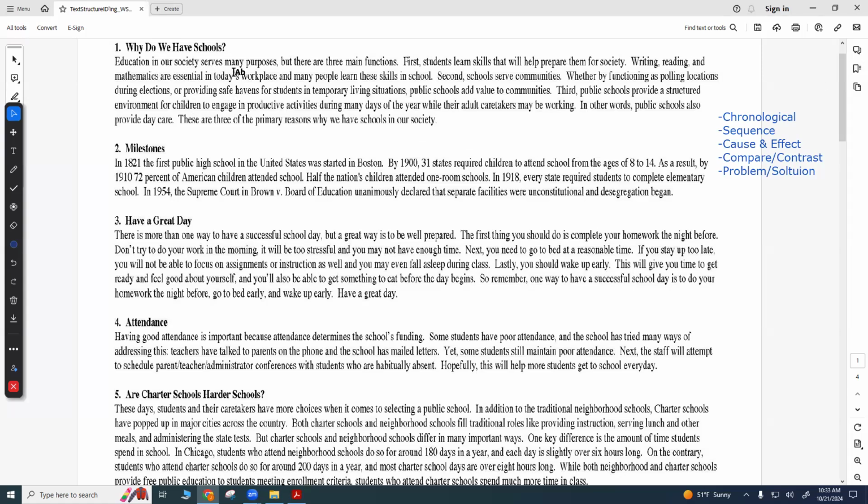Education in our society serves many purposes, but there are 3 main functions. You can see that it gives us 3 main functions, and so you would decide what category of ideas this text is doing compared to this text, compared to this one. For now, just read them and see if it makes sense, if the ideas and the relationships between the ideas feel a little different. But we'll get to it.